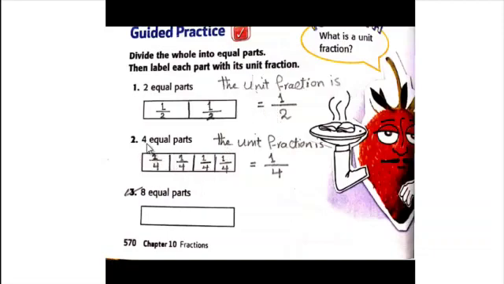Example number 2. 4 equal parts. If you have this whole number, divide it into 4 equal parts. So this part equals 1 out of 4, and this 1 out of 4, and this 1 out of 4, and this 1 out of 4. 4 means the total parts, and 1 for each part.